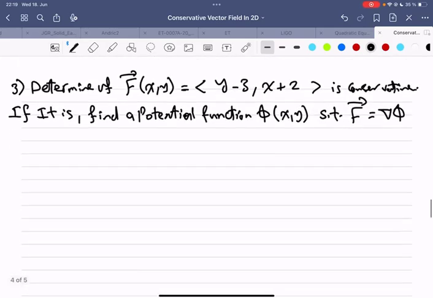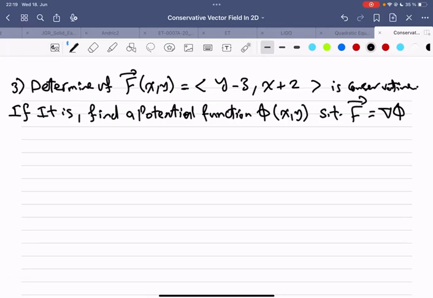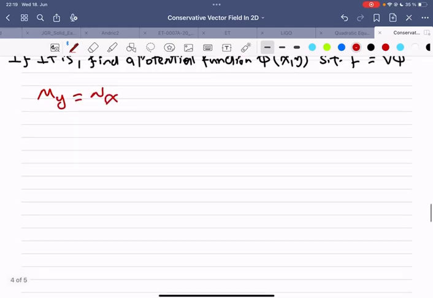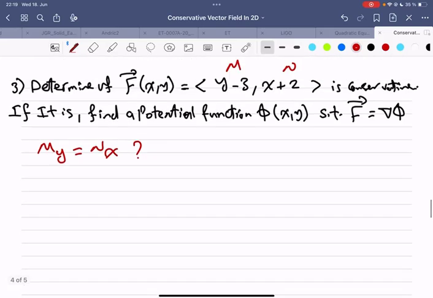Third example, the same. We have here this M and this N. We will check if M y equals N x. So what is M y? M y, you will differentiate this with respect to y, so it will be 1, and N x, differentiating this according to x, will be 1.